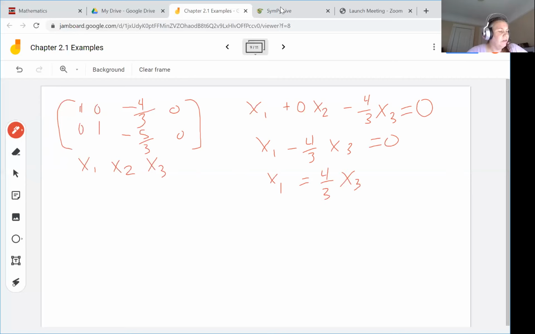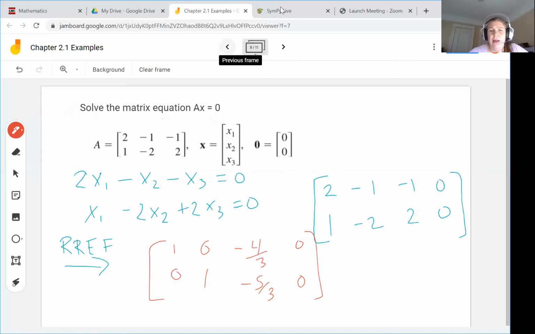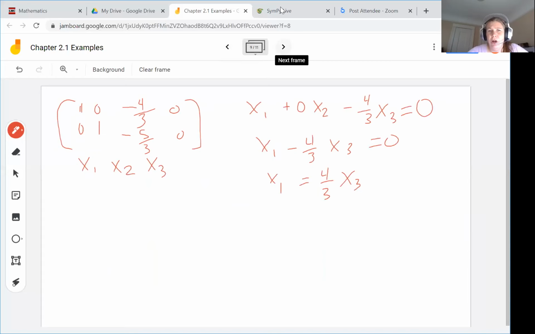Now, when we write solutions, we want to write these in terms of a free variable if we have that. So in this case, we have 2 rows and 3 variables. So we do have a free variable, and we can say x3 is that free variable. We could go ahead and call x3 t, but we'd have to deal with this fraction.